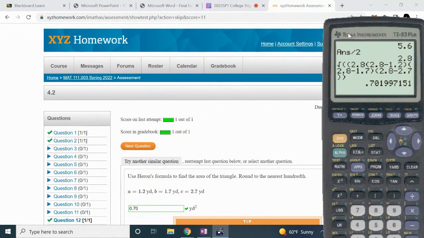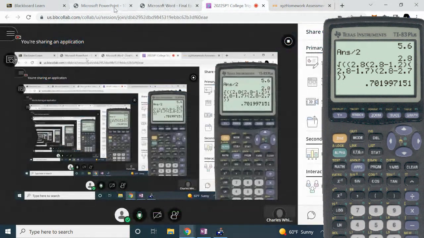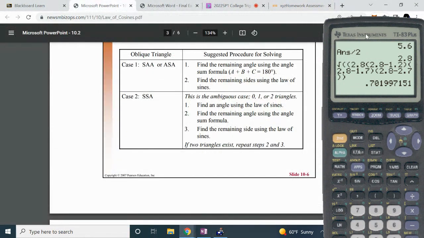All right, so now we're taking a look at how to find a side length, given a side angle side set of measurements. We found out how to find an angle measure if you're given all three side lengths. We also found the area given three side lengths. Now we're going to take a look at the side angle side set of measurements. And I'm actually going to go back to the notes.